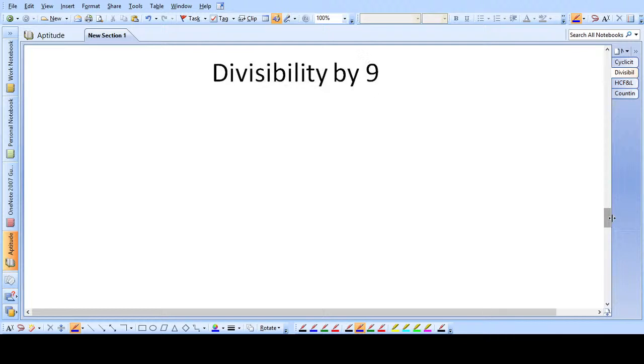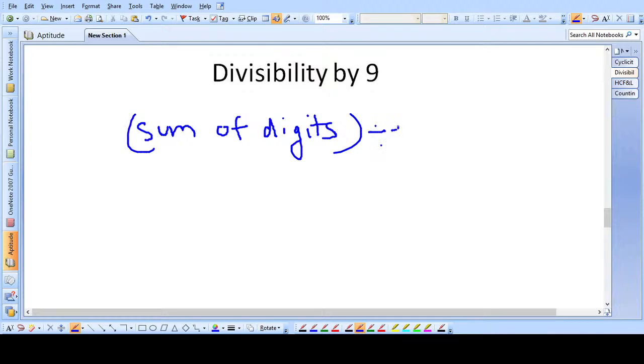Now for divisibility with 9, it is very simple. The sum of all the digits should be divisible by 9. This is just the condition. So let's take a number, 2351.